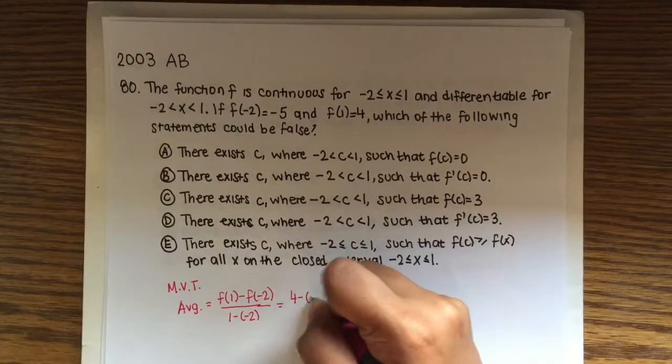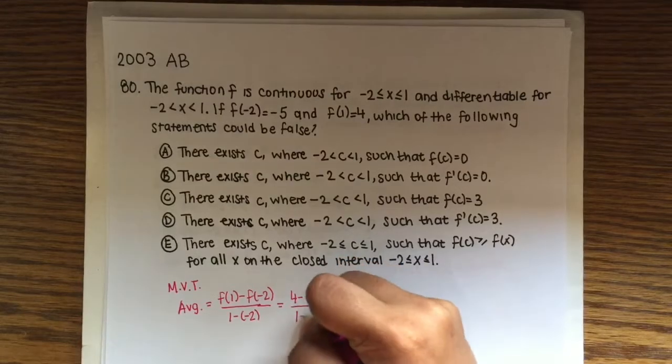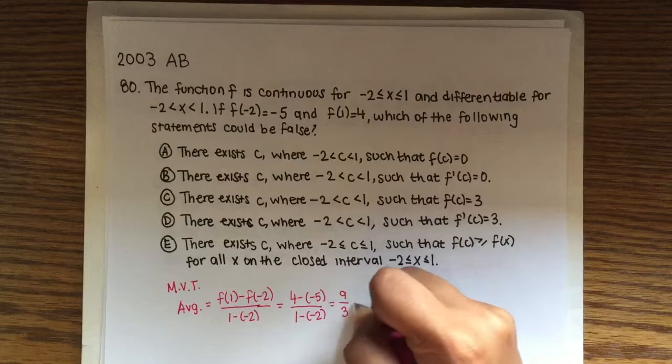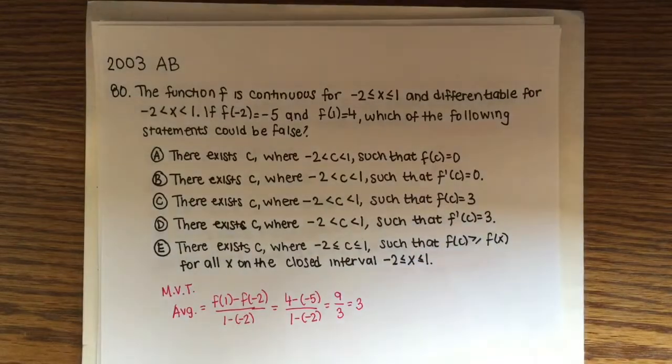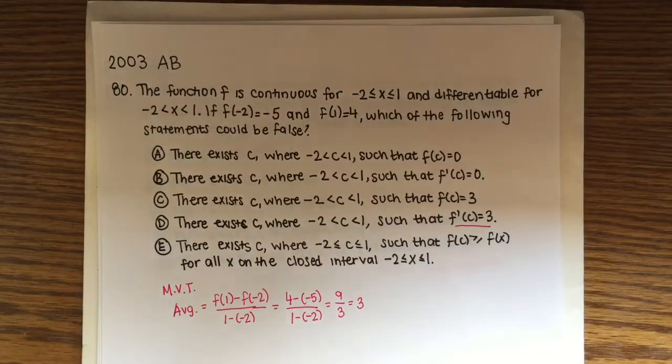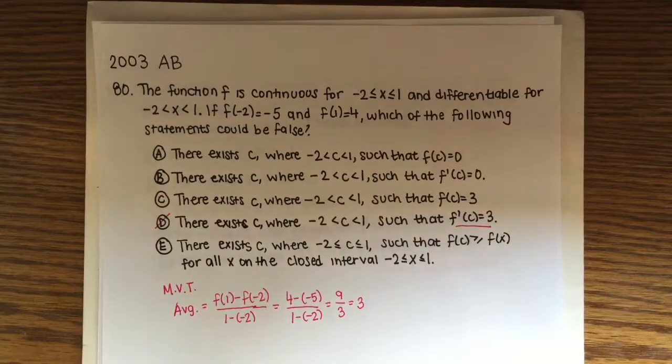Therefore, that's equal to 4 minus negative 5 all over 1 minus negative 2, giving us 9 over 3, which is 3. Therefore, we know that at some point c, the derivative of the function must be 3. Looking at our options, option D fits this, so it must be true. Therefore, we can eliminate it.